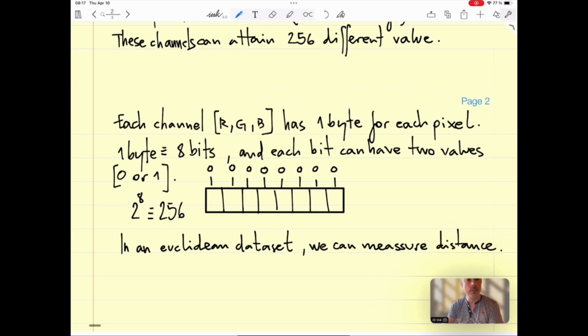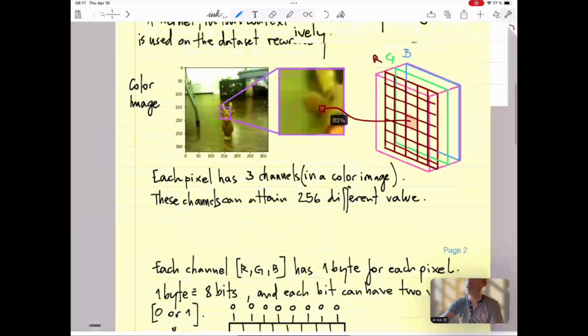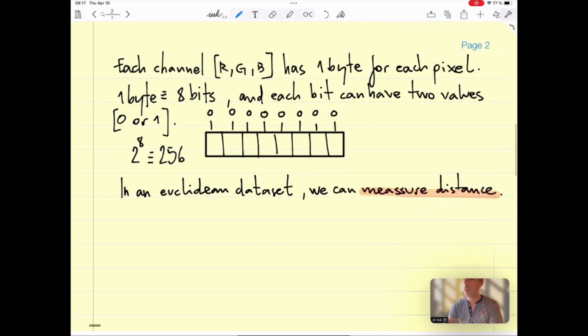In the example above, we know that there is an orange in the mouth of the thing because all the pixels of the orange are together. And this is important. If we cannot measure a distance, we cannot apply convolution like we are defining today, and we cannot use deep learning convolutional neural networks. We have to use other things.